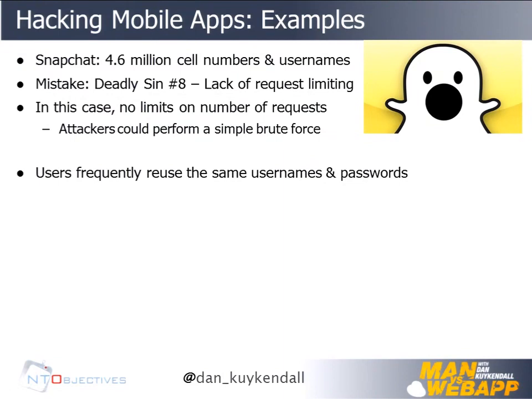a huge list of phone numbers, right? Phone numbers are only so big. There's only so many. Loop through, and it would get back a response on anybody that had a username associated with their phone number, and now you would at least know their username and phone number. They weren't getting anything else beyond that at that point, but it was kind of an interesting problem here because it did allow a very simple brute force attack.